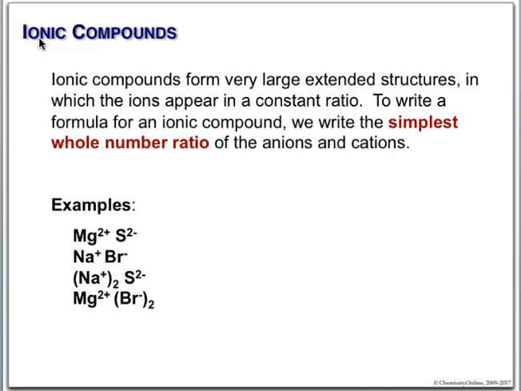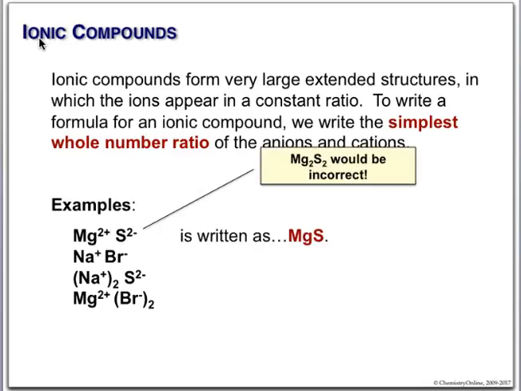We would write this compound simply as MgS. If we had written it as Mg2S2, that's wrong. The simplest whole number ratio is 1:1. Sodium bromide, that's neutral. We write it NaBr.